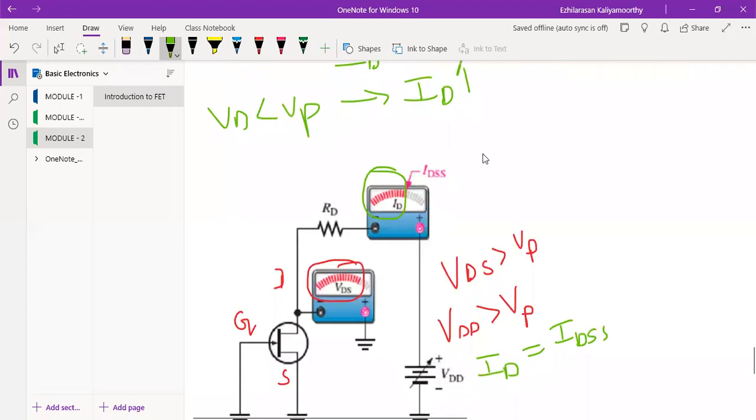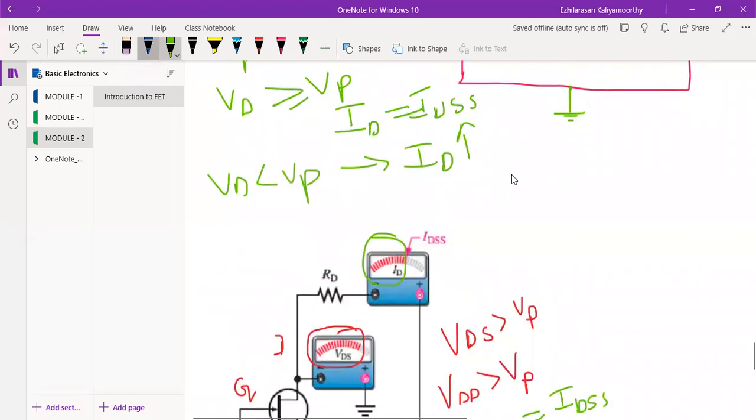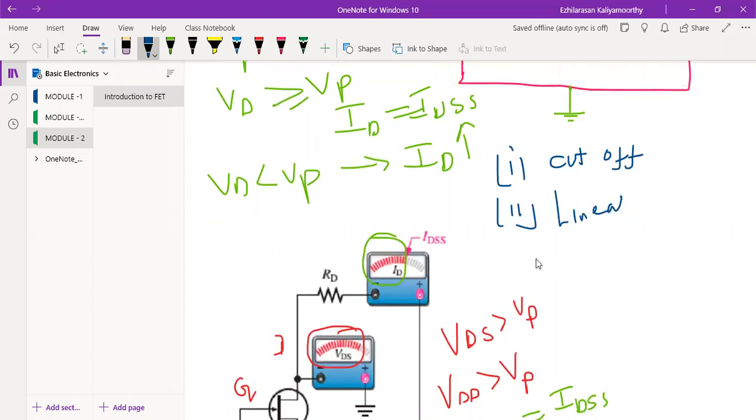So from this, I can say there are three regions of operation. One is cutoff, the second one is linear, and the third one is the saturation region. So in these three regions your JFET will work.